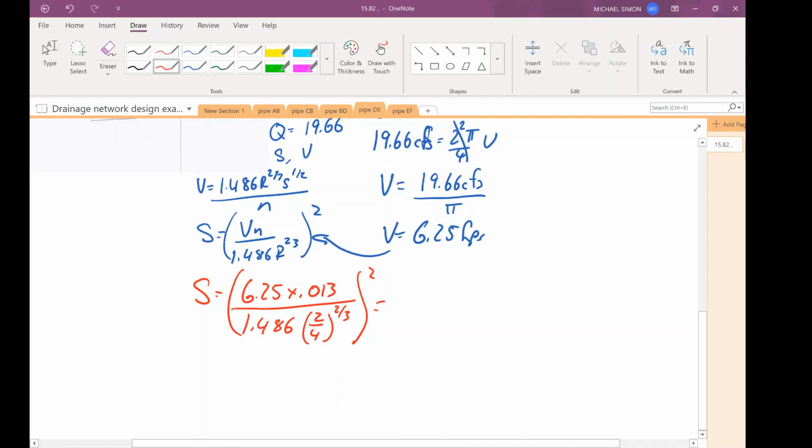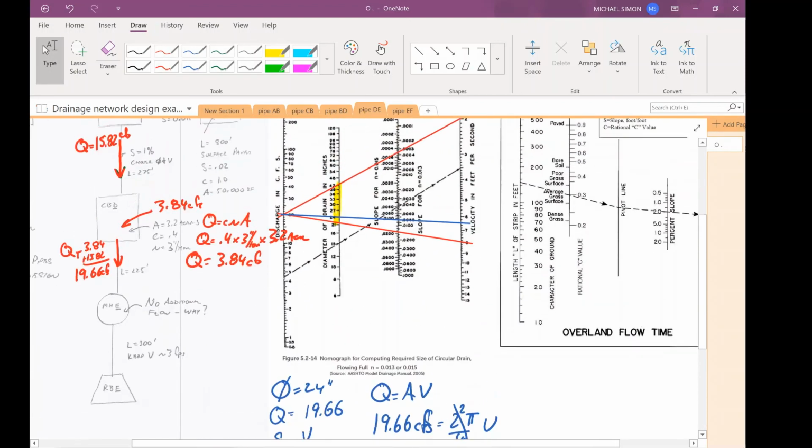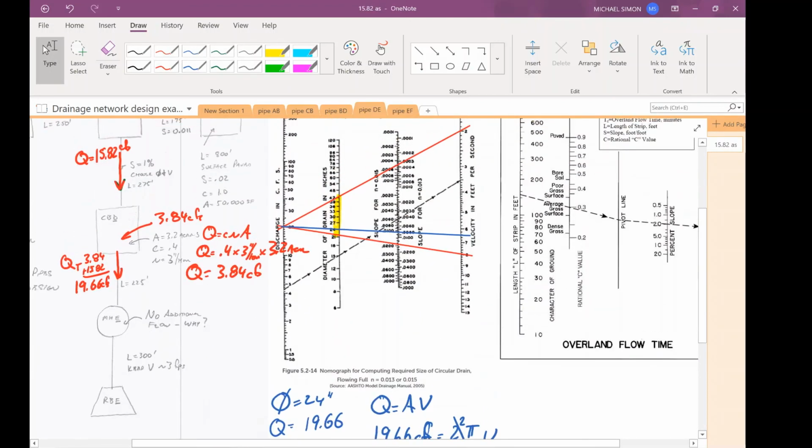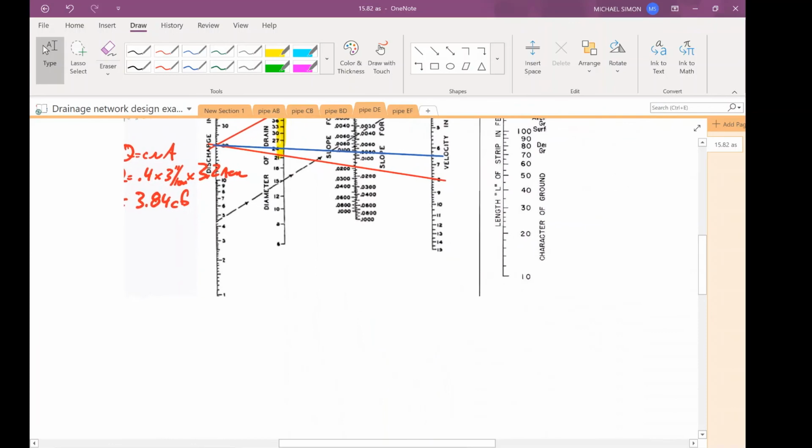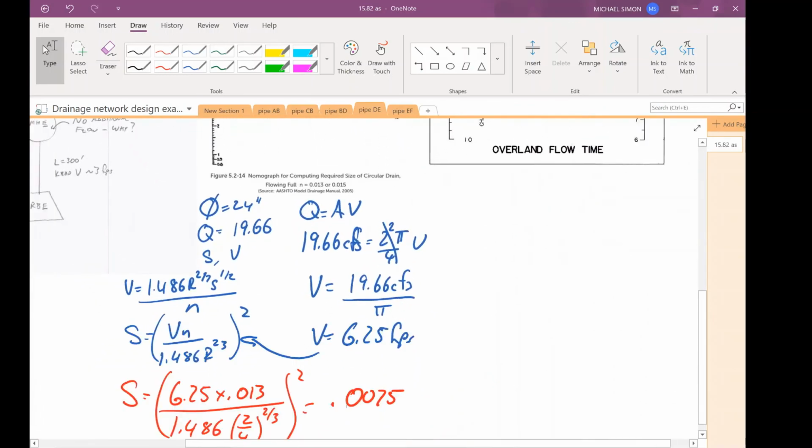Okay, slope is 0.0075. Okay, 0.008. We're close.